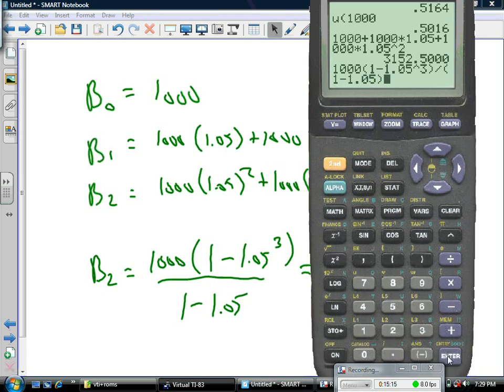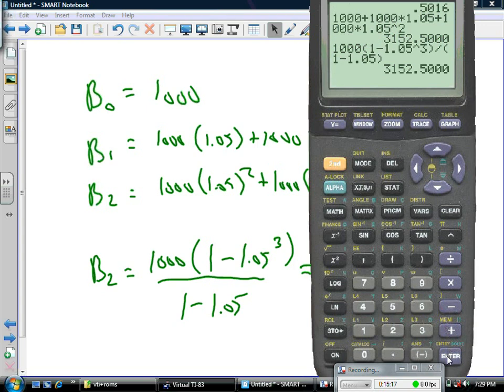Do we still get $3,152.50? We do. Okay. So an annuity is a geometric series. That's why you can predict ahead of time how much money you're going to have at the end of 30 years or something in this annuity.